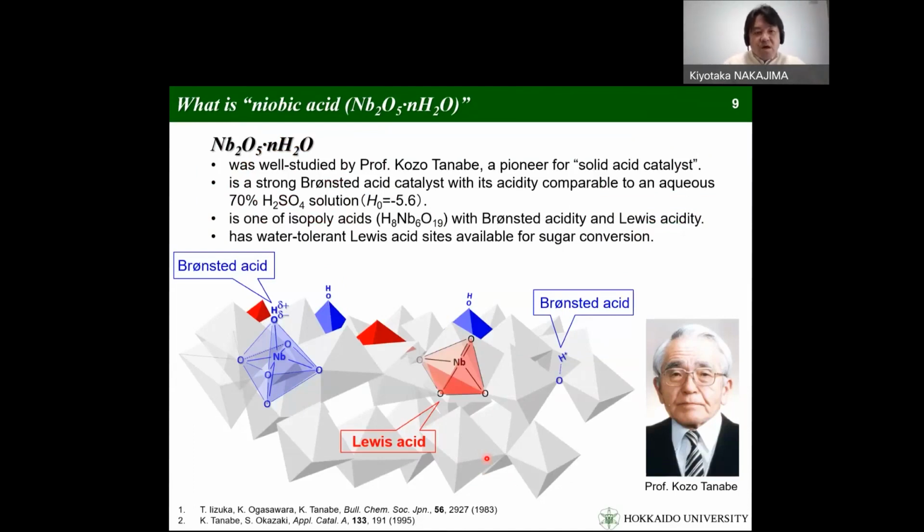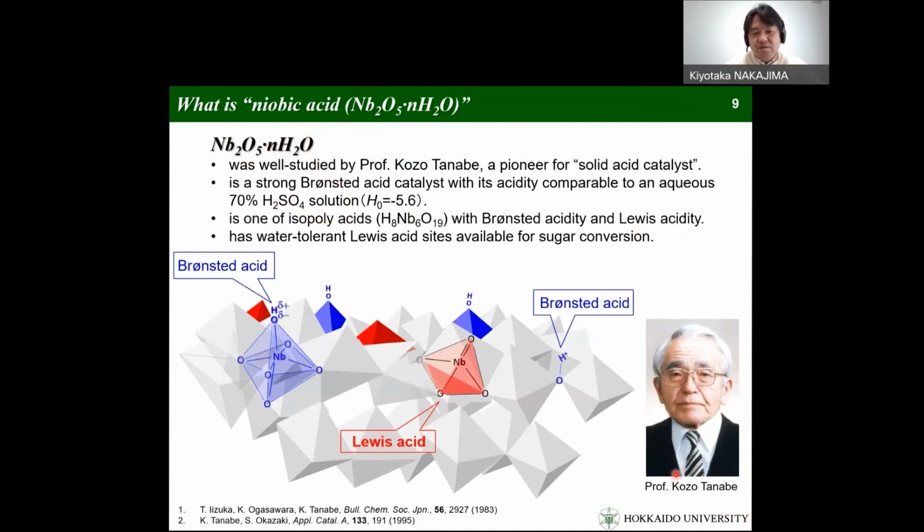First of all, I have to introduce the acid property of niobium oxide. Hydrated niobium oxide is recognized as niobic acid. This material was reported by Professor Kozo Tanabe, Professor Emeritus at Hokkaido University.